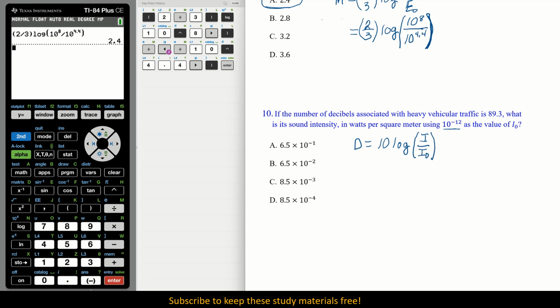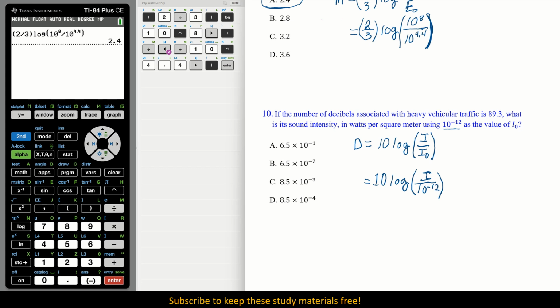Okay, so what do we really have for our situation? We have 10 and then log, and then we have I, because I is what we're looking for, and then 10 to the negative 12, which creates a bit of an issue for us because we need to get that I on its own in order to solve it.